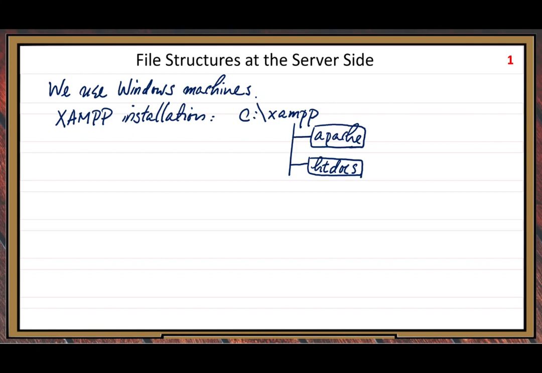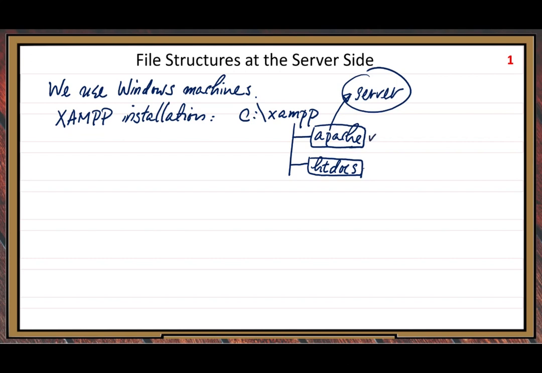First, we know the Apache folder contains everything related to our server, the server-related file structure. But this htdocs, you can see they are parallel. These two folders are in the same level.